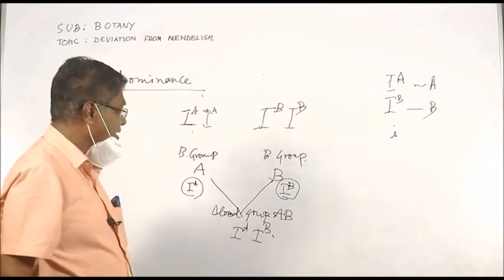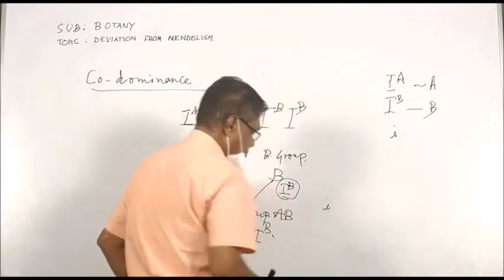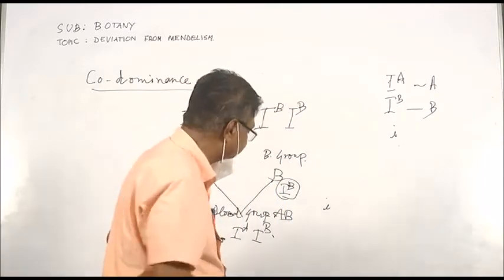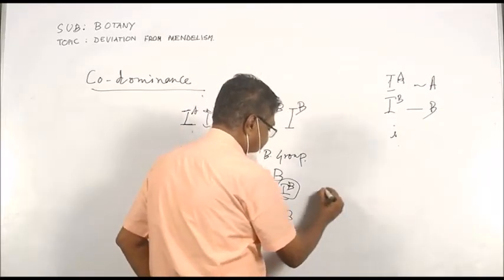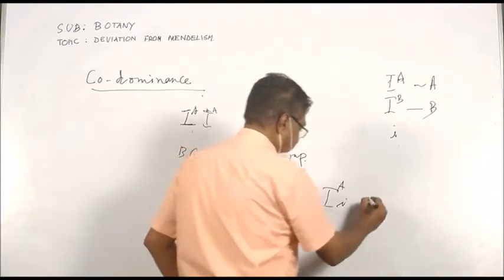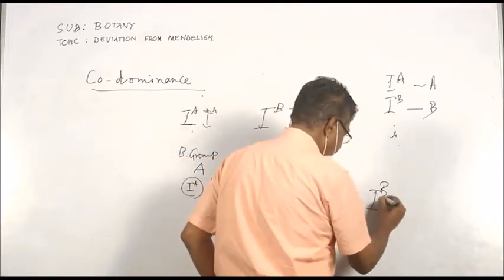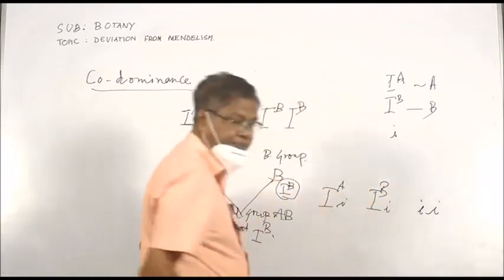And if the recessive gene is there, I will give you different combinations. Capital IA, small i. Capital IB, small i. Small i, small i.